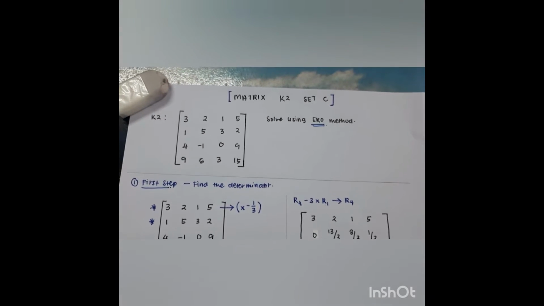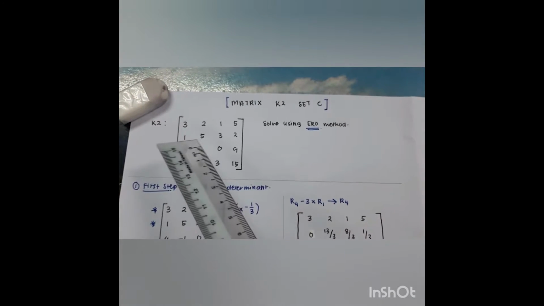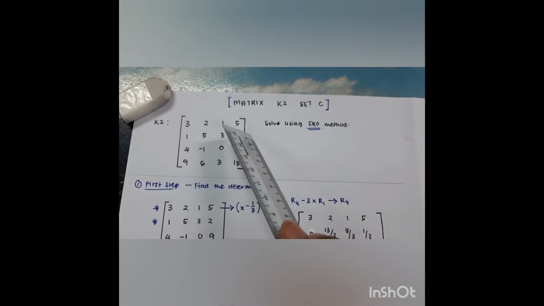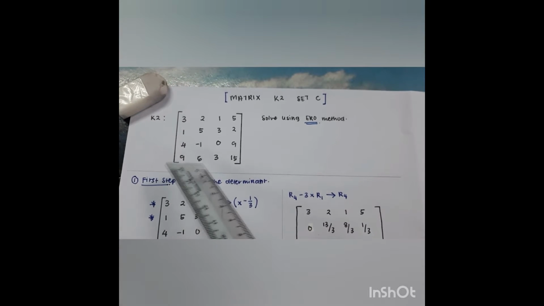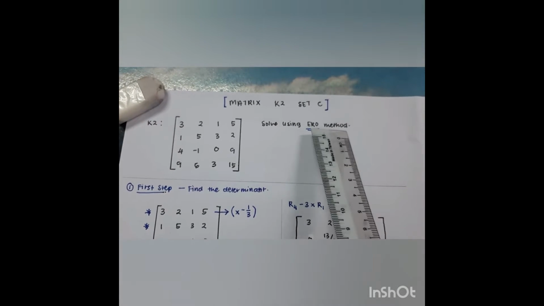Okay, now for set C, matrix K2, given the matrix 3, 2, 1, 5, 1, 5, 3, 2, 4, -1, 0, 9, 9, 6, 3 and 15. So for the K2 matrix, we need to solve using the ERO method. So the first step, we need to find the determinant first.